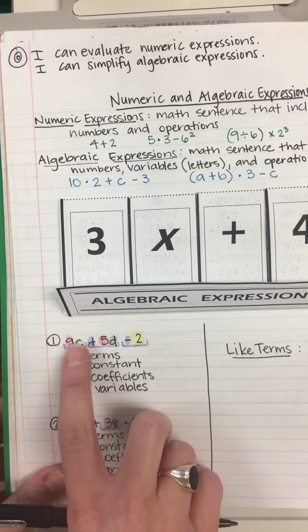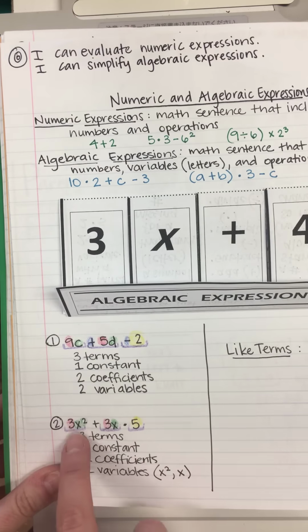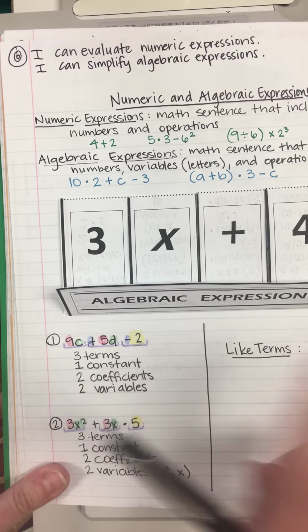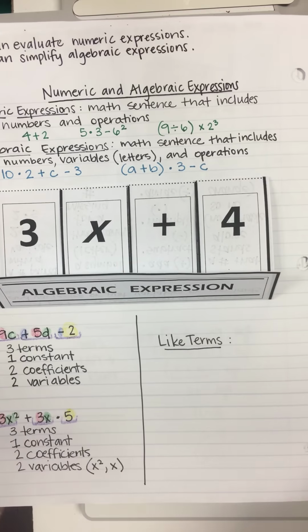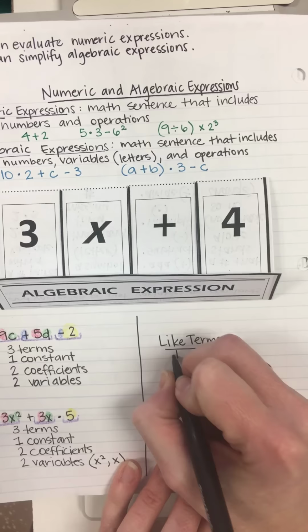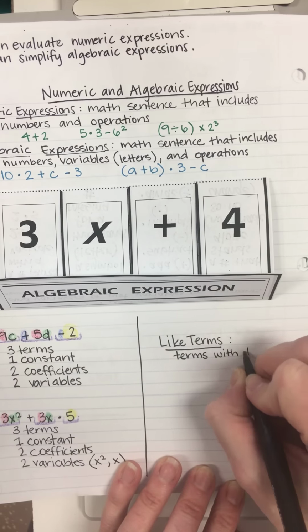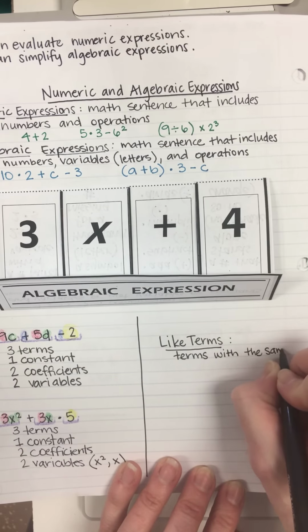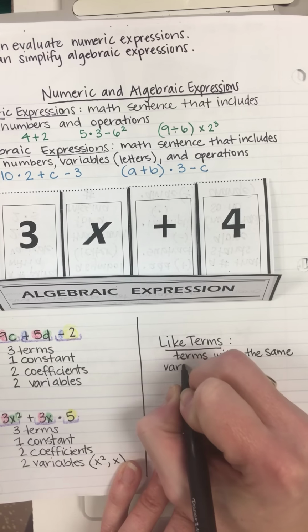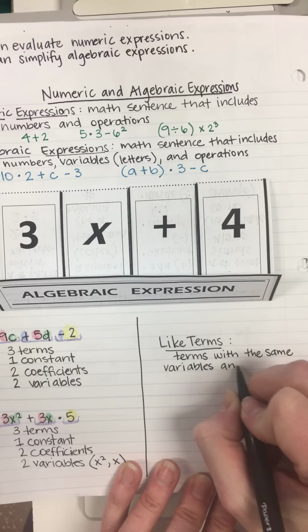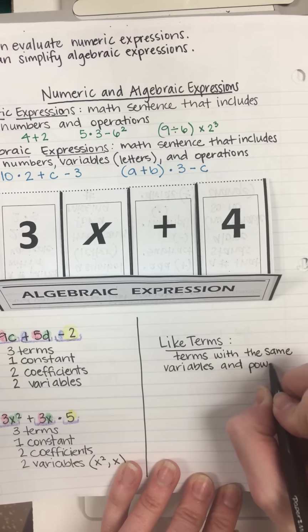Now, we said a term is the combination of a coefficient with a variable, or a coefficient with a variable and an exponent, or just a constant all by itself. So like terms, we have to make sure that you understand this, are terms with the same variables and powers, meaning exponents.